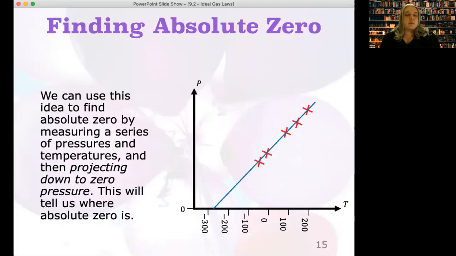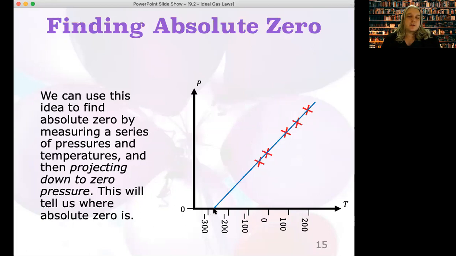So in this example here, we've plotted pressure and temperature. So we've kept volume constant and we've measured the pressure. And we've just taken a bunch. In this case, I've drawn 5 on there, but it would be however many you take, the more readings you get, the more reliable your result. And then you fit that straight line and the intercept, in this case, the intercept on the x-axis, because we get to 0 pressure.